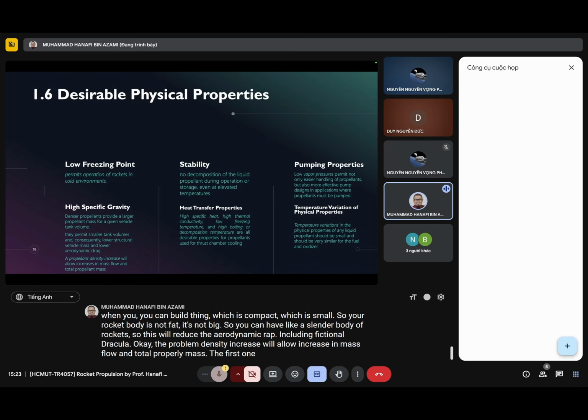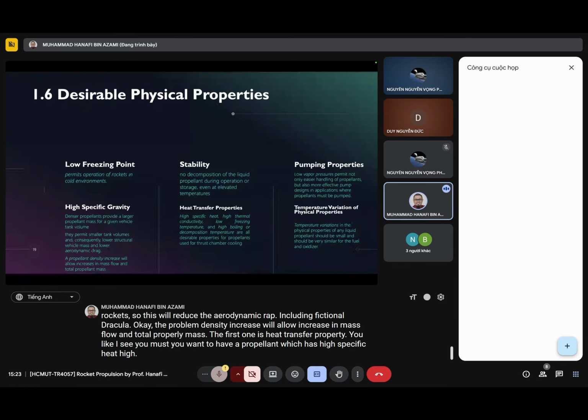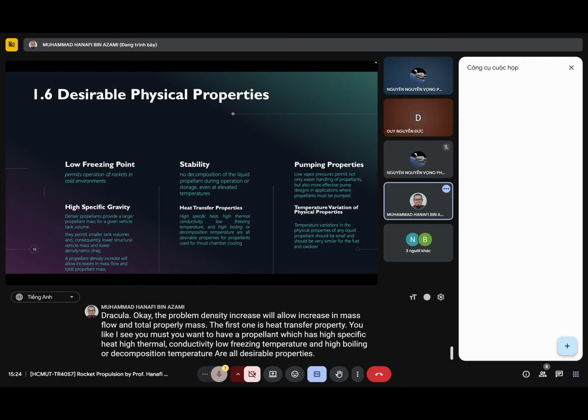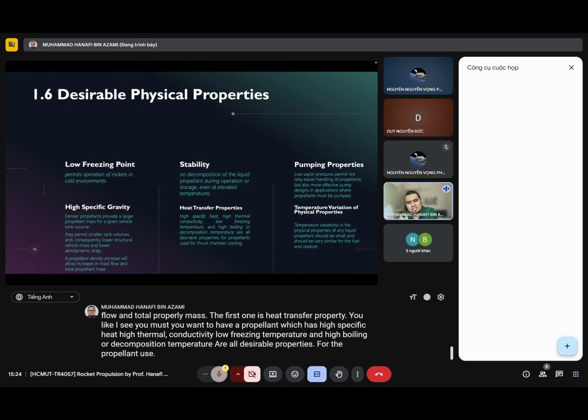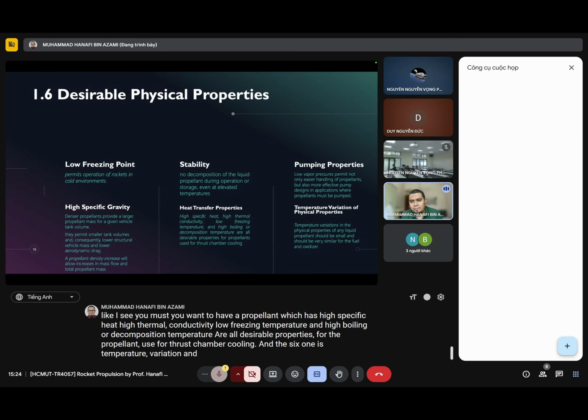The fourth one is heat transfer property. Like I said, you want a propellant which has high specific heat, high thermal conductivity, low freezing temperature, and high boiling or decomposition temperature. These are all desirable properties for a propellant used for thrust chamber cooling. And the sixth one is temperature variation and physical property.